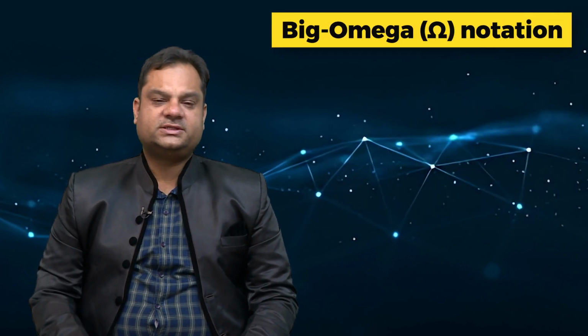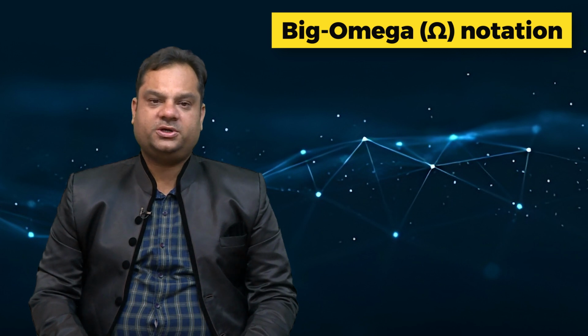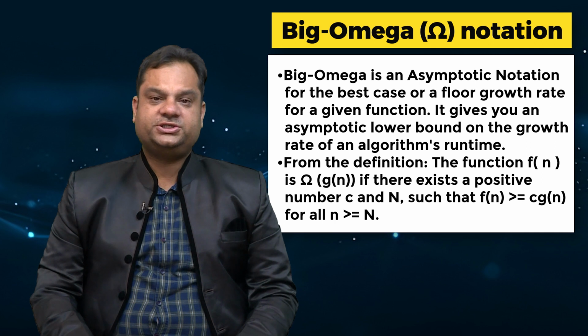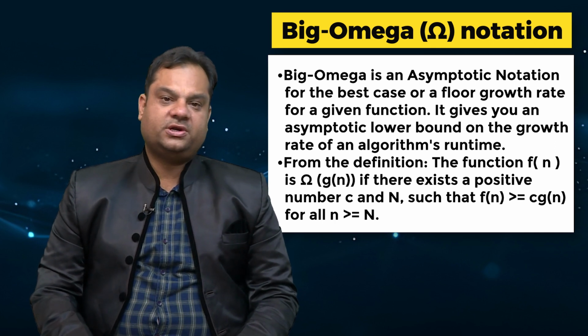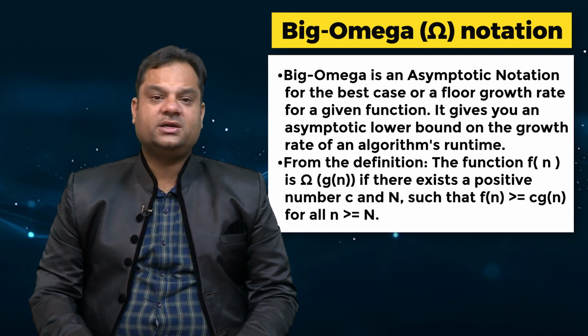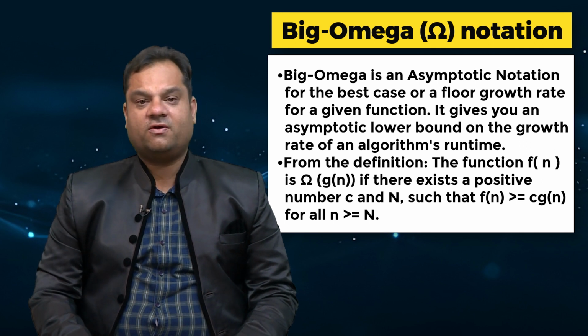Now, we can understand the concept of big omega notation. Big omega is an asymptotic notation for the best case or a floor growth rate for a given function. It gives you an asymptotic lower bound on the growth rate of an algorithm runtime.